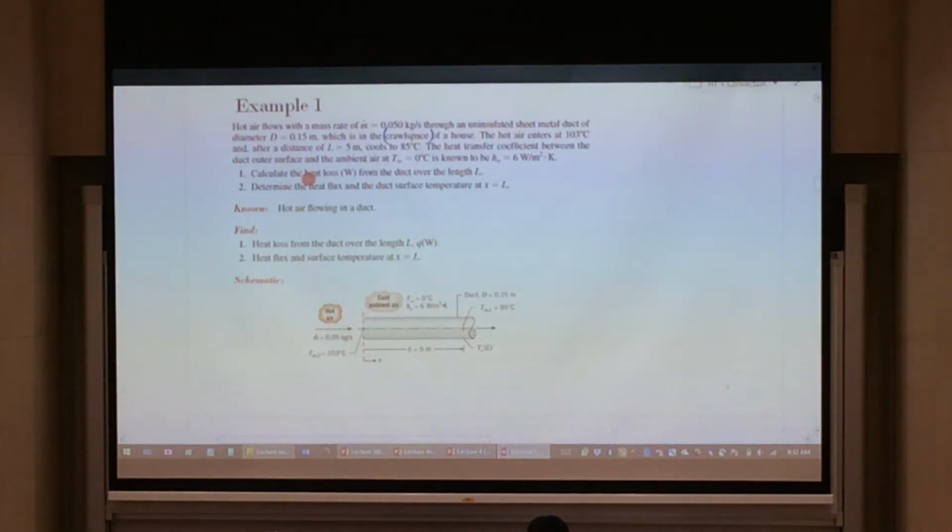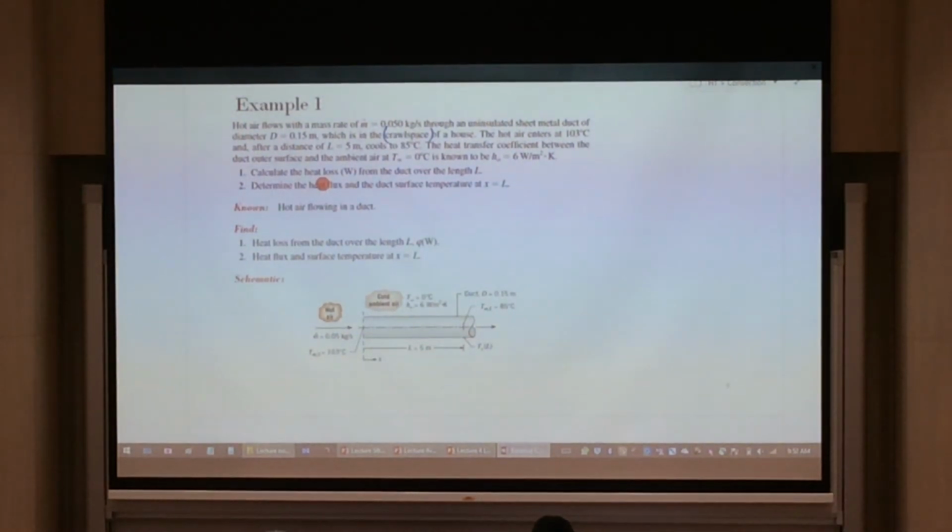Question 1 over here, heat loss. What is that symbol? It's Q. Yeah? Q, we know it as heat transfer rate. But the units of Q is actually in watts. And that watts sort of tells you that already. And in this case, that heat transfer rate refers to heat loss.